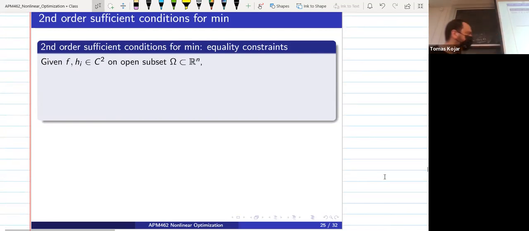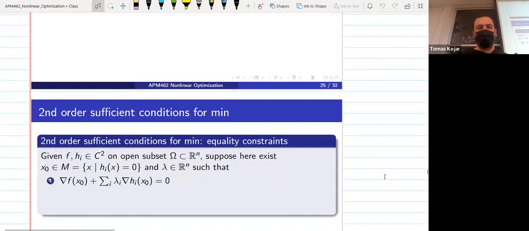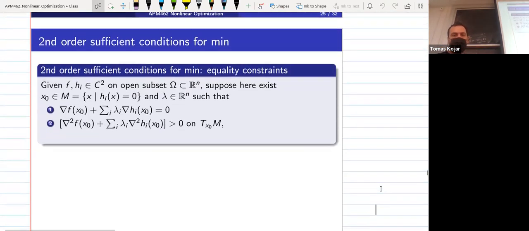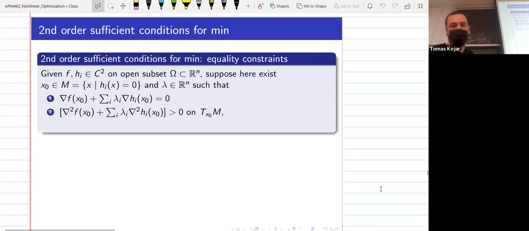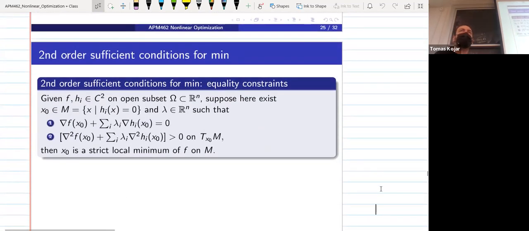All right, so I proved to you that if it's a local min, then you have positive definite. Now we're going to do the converse, as we did with convexity. If you have some constraints and Lagrange multipliers and positive definite, but you need it to be positive definite, not semi-definite, then x naught is a strict local min.